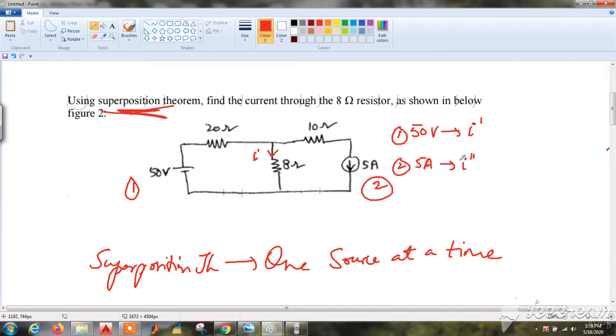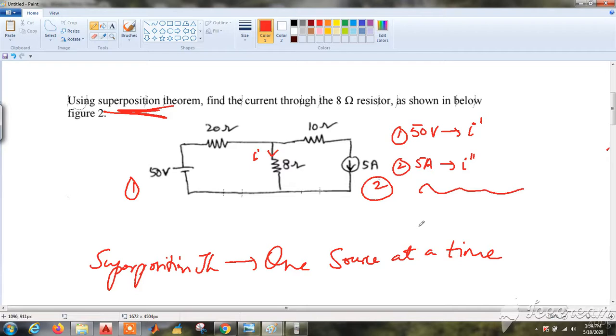While considering the 50 volt source, we will calculate the current and name it I dash, or you can name it anything you want, but I am naming it I dash. While considering the second source, the 5 ampere current source, I will name the current flowing through the 8 ohm resistor I double dash.